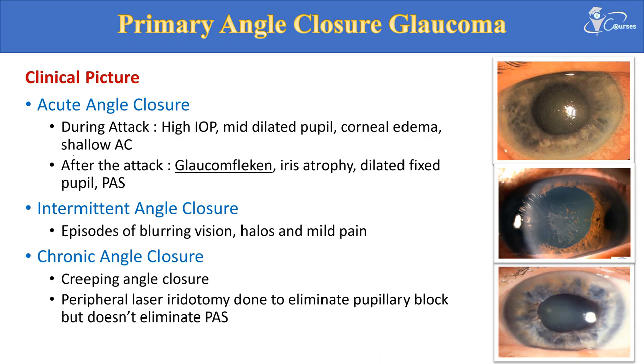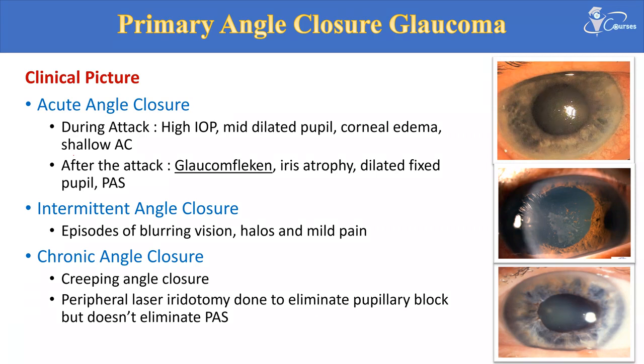So eventually the angle is creeping, or there is creeping iridocorneal contact. There will be closure of the angle, like 90 degrees, then 180 degrees, then 360 degrees. In this case, when we examine those patients, we do peripheral laser iridotomy just to eliminate the pupillary block. However, the peripheral anterior synechiae that happened will not be relieved.